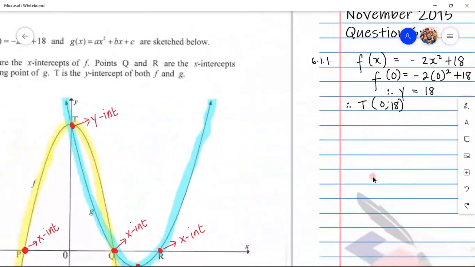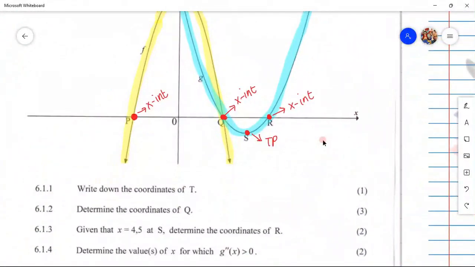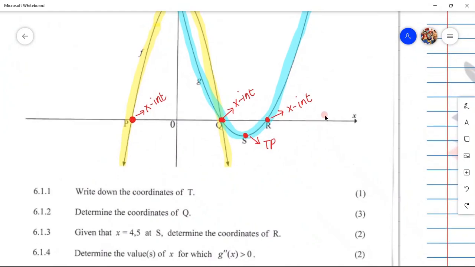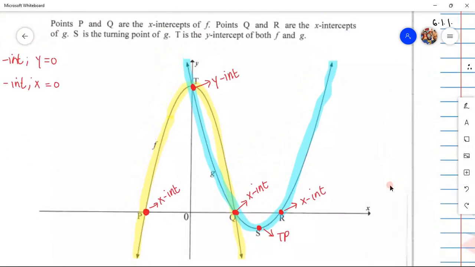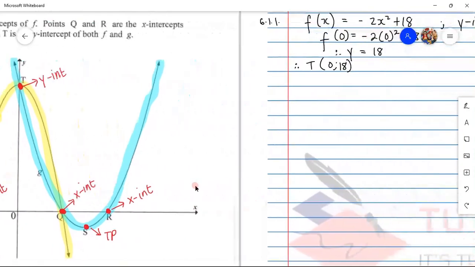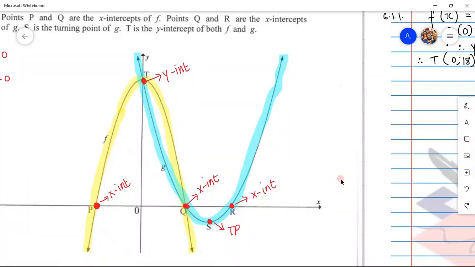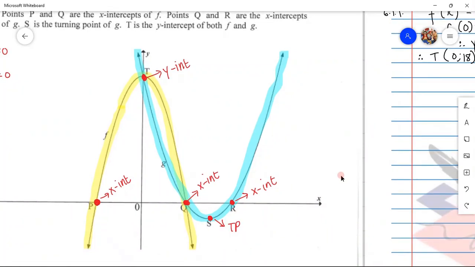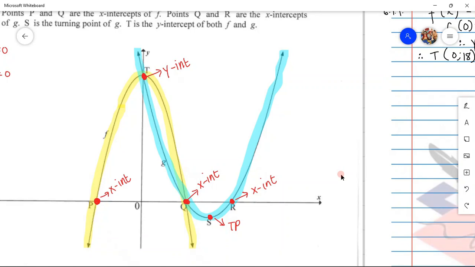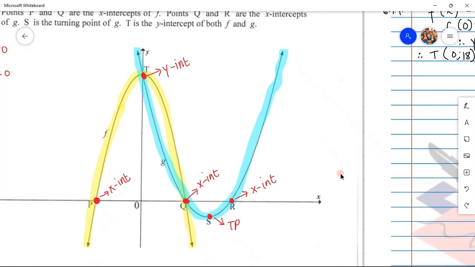Now, let's move on to our next question, question 6.1.2, which states determine the coordinates of Q. So if we look at Q, we know that Q is an x-intercept on both G and F, but since we only have the function F, we are going to use F to find our x-intercept, which is Q. Now, if we were to use our function f to find the x-intercept, we are going to end up with the x value of P and the x value of Q. So if we look closely, we can see that P is on the negative side of our x-axis, whereas Q is on the positive side of our x-axis.